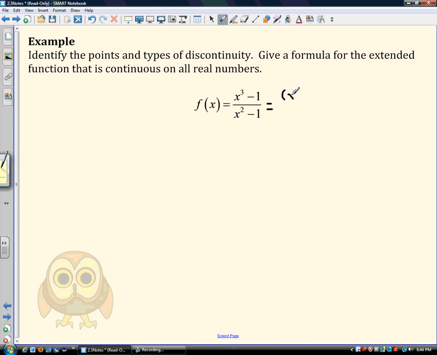So hopefully those will cancel out. This is a good opportunity to remember how to factor the sum or difference of cubes. And remember, if I have a cubed minus b cubed, then factored, it equals (a minus b) times (a squared plus ab plus b squared).